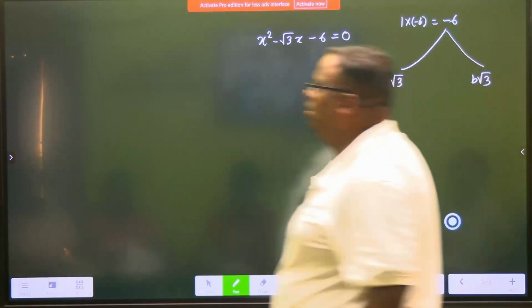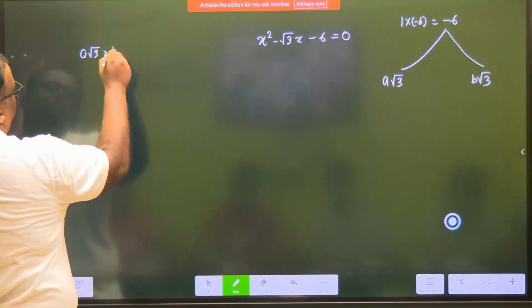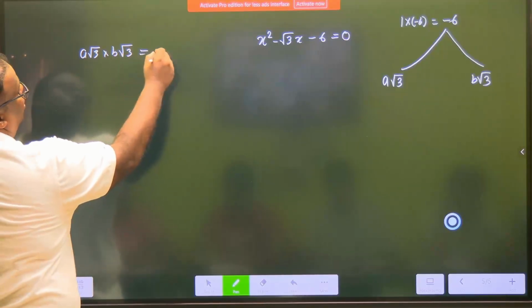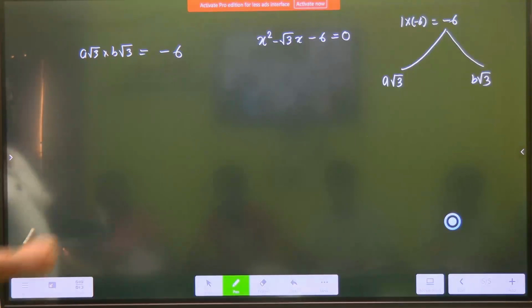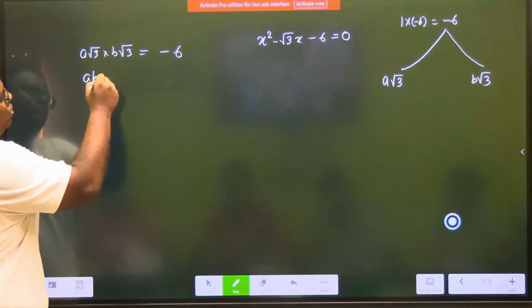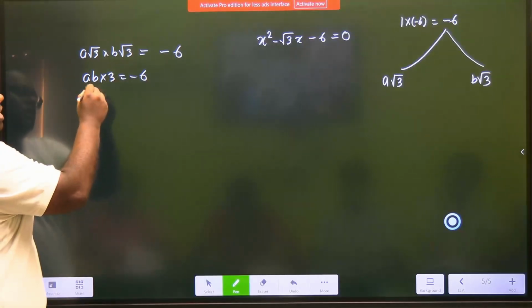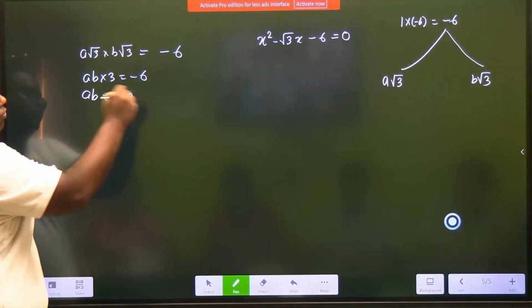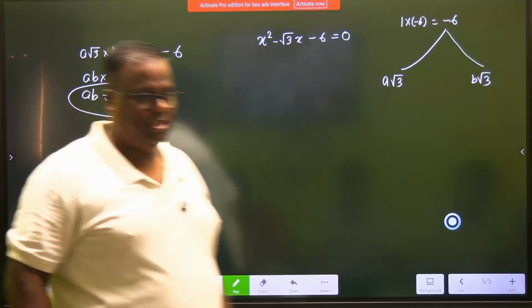However, you know that A root 3 into B root 3 should be equal to negative 6. This is known to us. That means AB into 3 should be equal to negative 6. Agreed? That means AB's value should be equal to negative 2. This is your foundation for iteration.